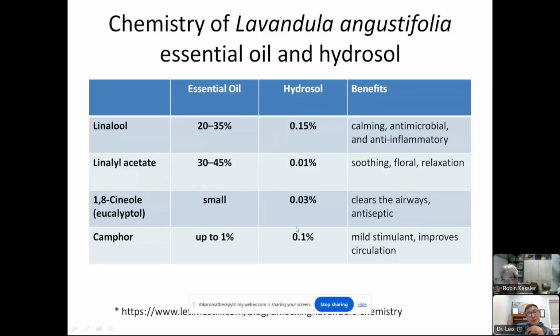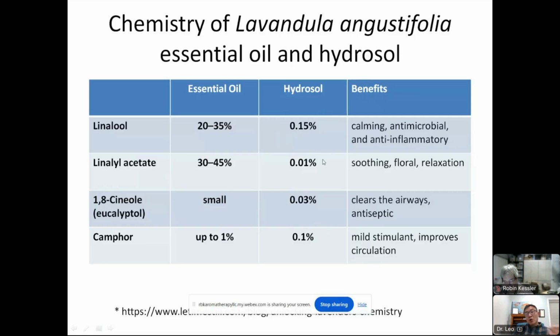Eucalyptol is low because its nature is low solubility, and camphor can dissolve a lot, about 0.1%. Because the chemical composition is different between the hydrosol and essential oil, even their scent and smell will normally be different.